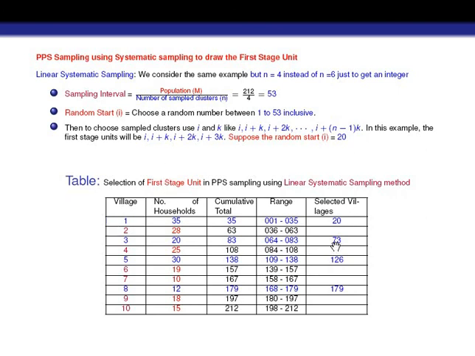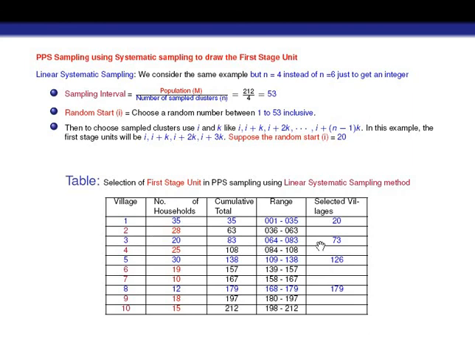To get the second unit, we add the sampling interval to this random start. So 20 plus 53 is equal to 73. And 73 lies in the range 64 to 83, so cluster 3 is selected for our first stage unit.